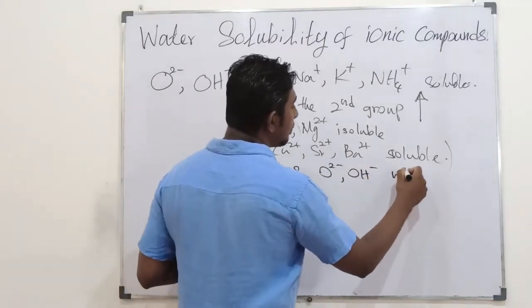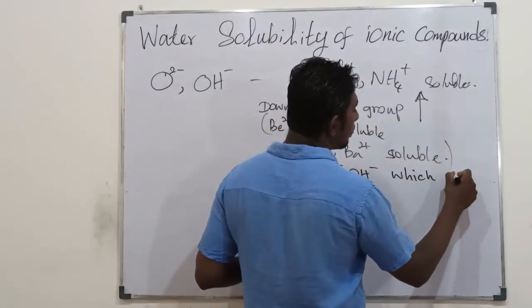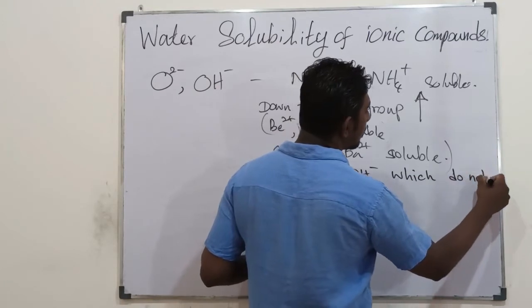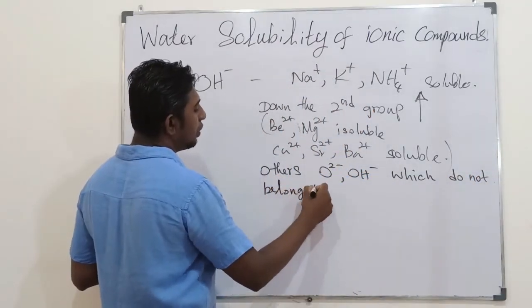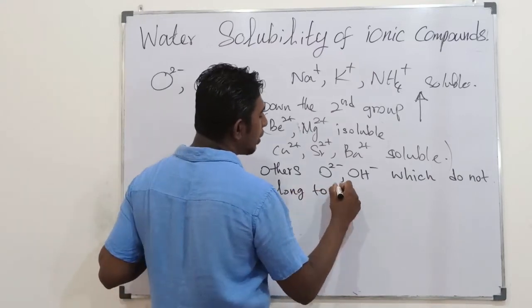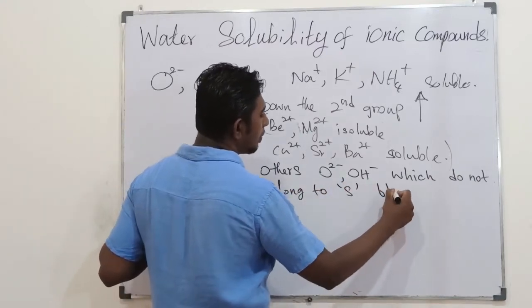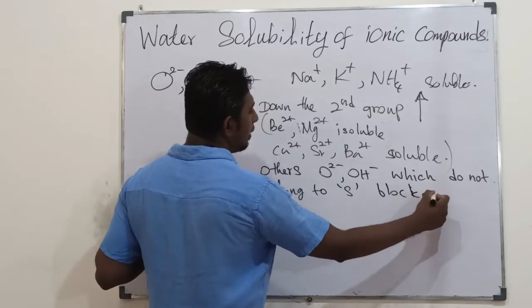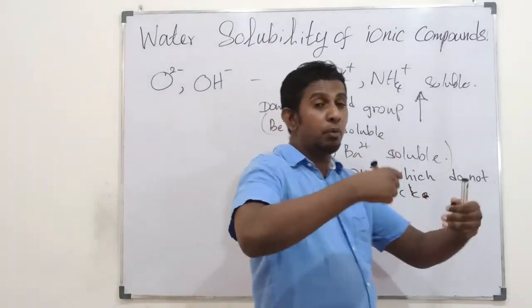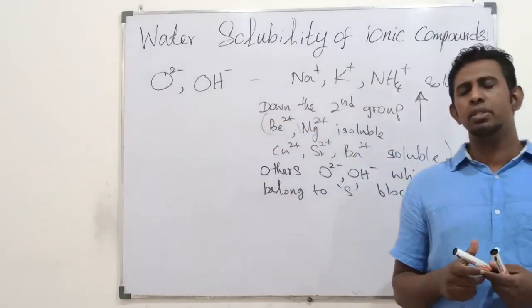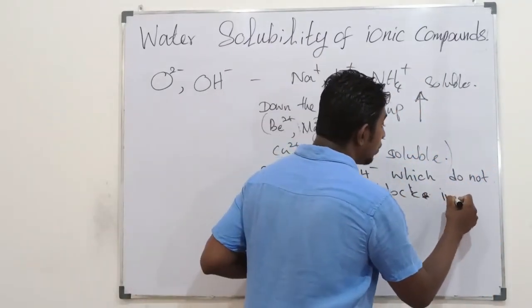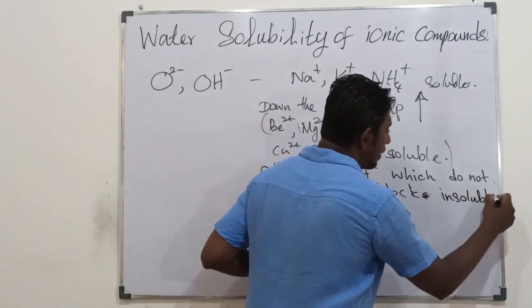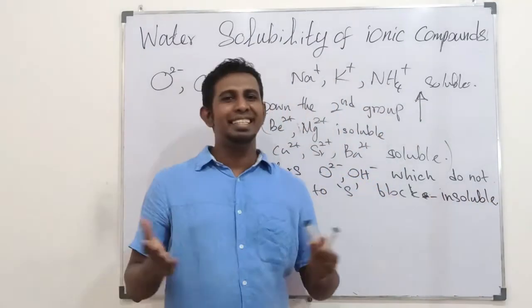Those which do not belong to the S block. Except for the S block, all the other oxides and hydroxides are water insoluble. Those are insoluble. Then it's done. Easy, right?